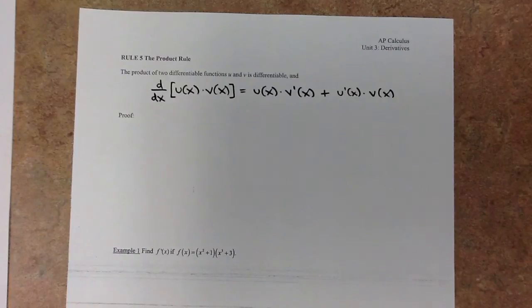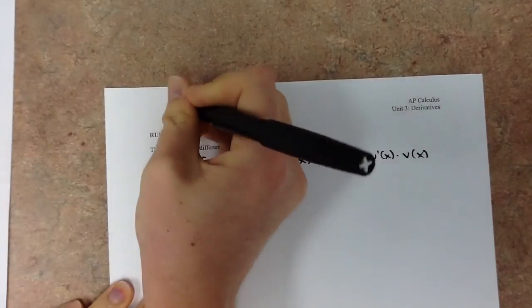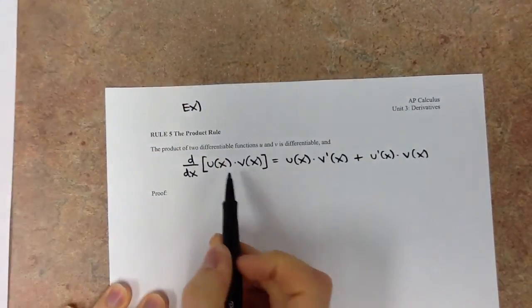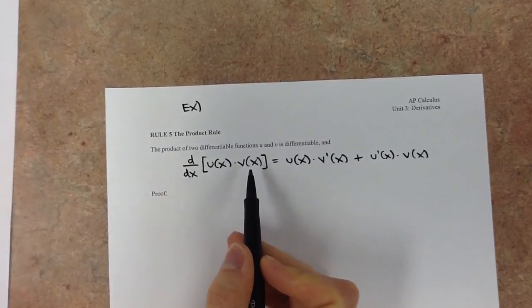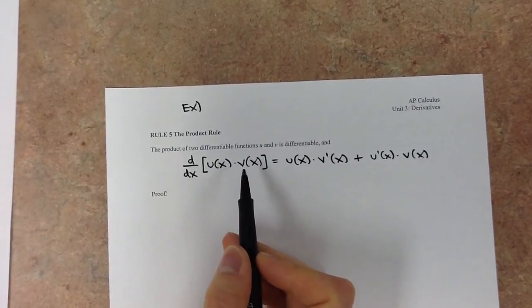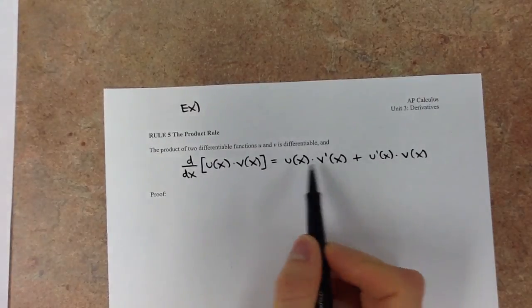Like if we wanted to see, for example, what the derivative of x times x was, we know it comes out to be 2x. So let me show you. If we consider this function to be x and this function to be x, obviously we can multiply them together and get x squared, and then we can just do the power rule really quickly, but I want to show you that it fits in here.